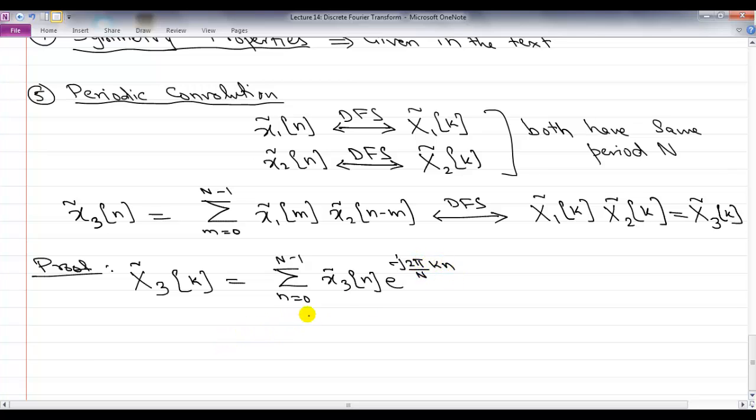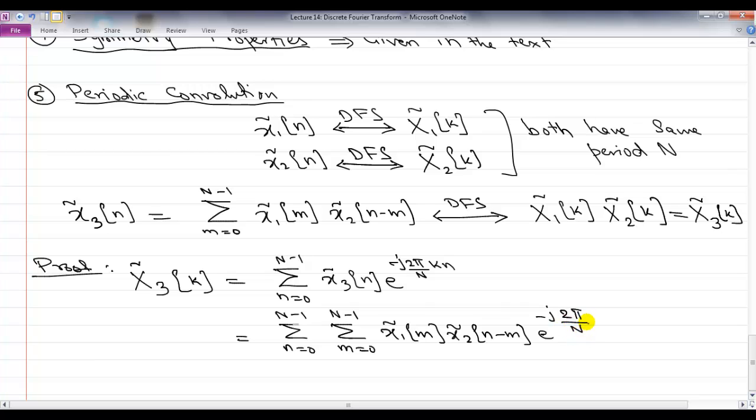Now we just plug in the value of x3 tilde n: summation n from 0 to N minus 1, summation over m of x1 tilde m x2 tilde n minus m e to the minus j 2 pi over N kn.